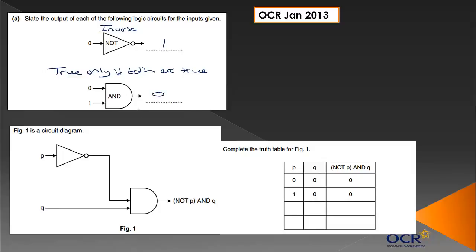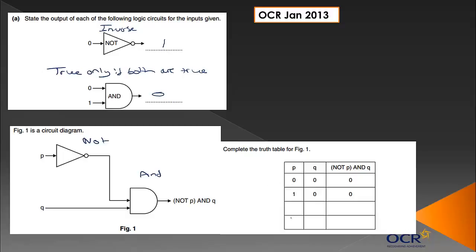Okay, slightly more complicated now. We're going to fill in a truth table. Here we get a circuit diagram with 2 logic gates combined, a NOT gate and an AND gate. The NOT gate is one of the inputs, as you can see written in the output formula. It's a bit like maths: you work out what's in the brackets first, so we work out this input and then the other input, using our truth table.